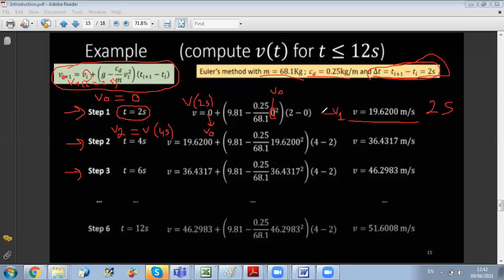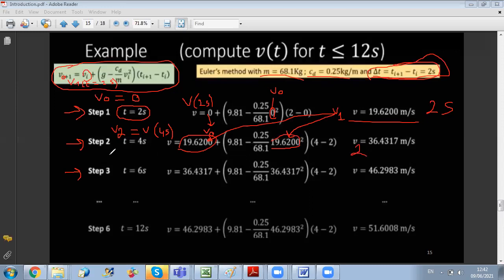So now I will replace v1 in place of v_i in the equation. So I will place it here and I will place it here times delta t. Nothing is changing in the equation, just v_i is changing because delta t is remaining the same. Now I get v2.